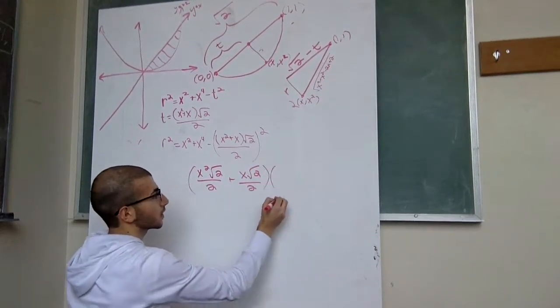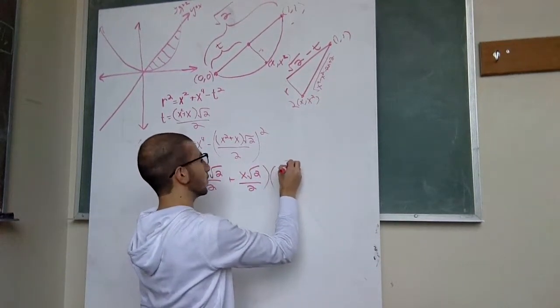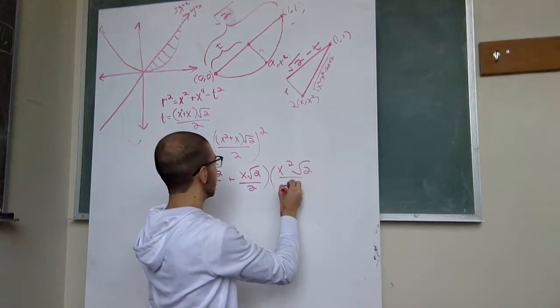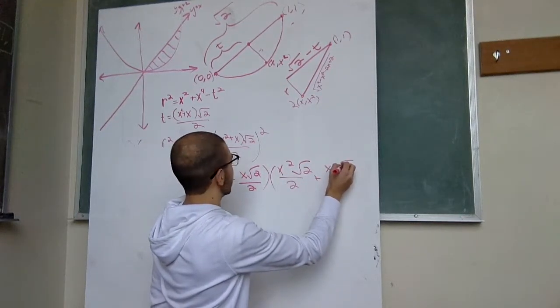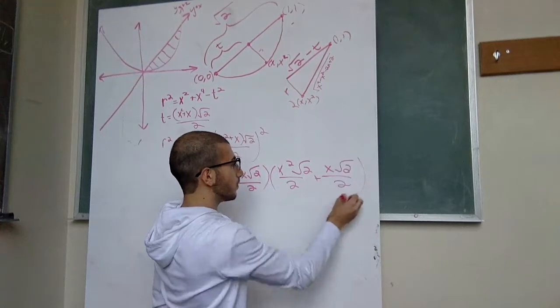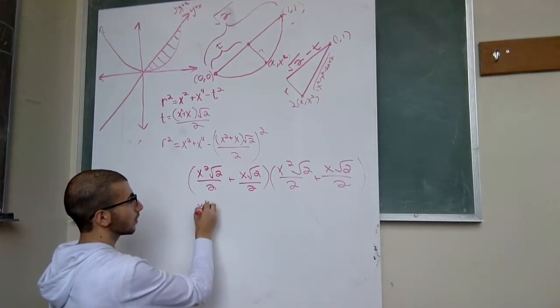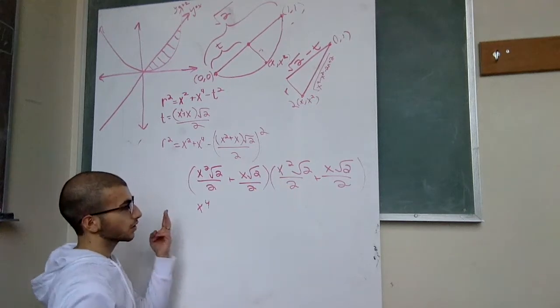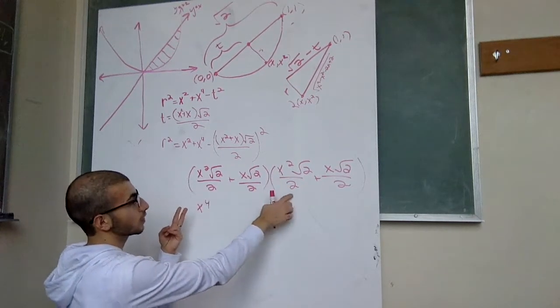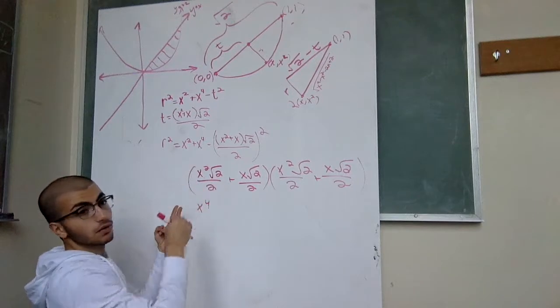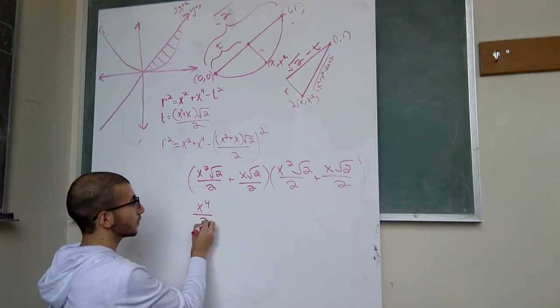And this is going to be squared, so it's just going to be multiplied by itself. So the first term is going to end up giving us x to the fourth, square root of 2 times square root of 2 is just a regular 2, and then over 4, but it's 2 over 4, so it's just going to be x to the fourth over 2.